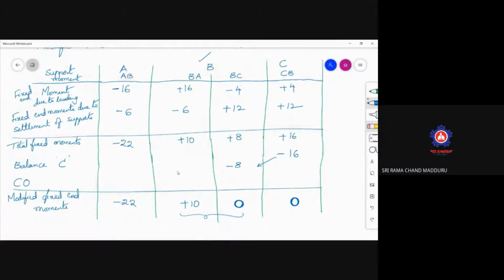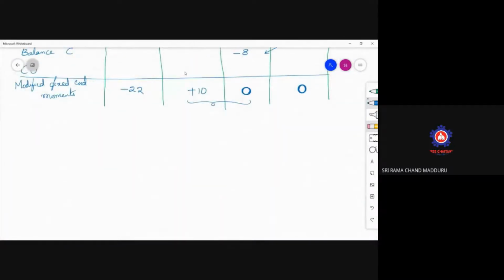Now, go to the next step. We will draw the beam. Representation will be like this.